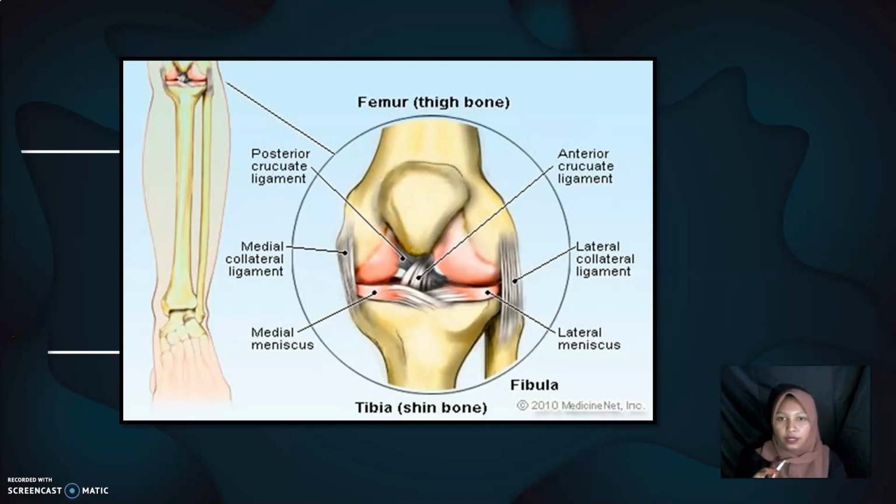On each side of the knee, we have the medial collateral ligament and the lateral collateral ligament. And above the tibia bone, we have the medial meniscus and lateral meniscus.